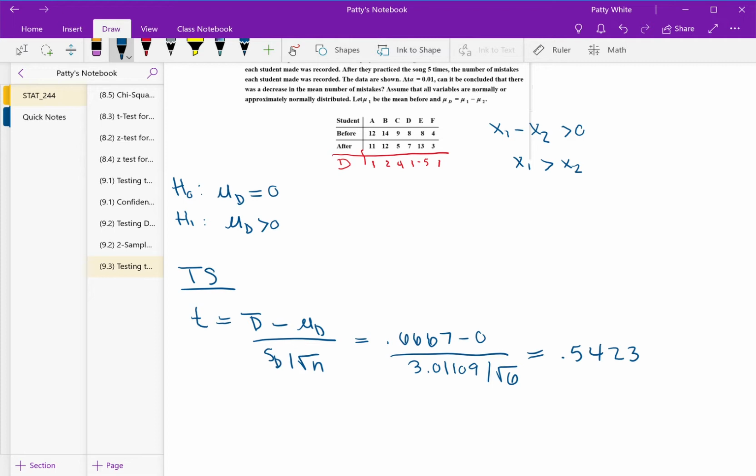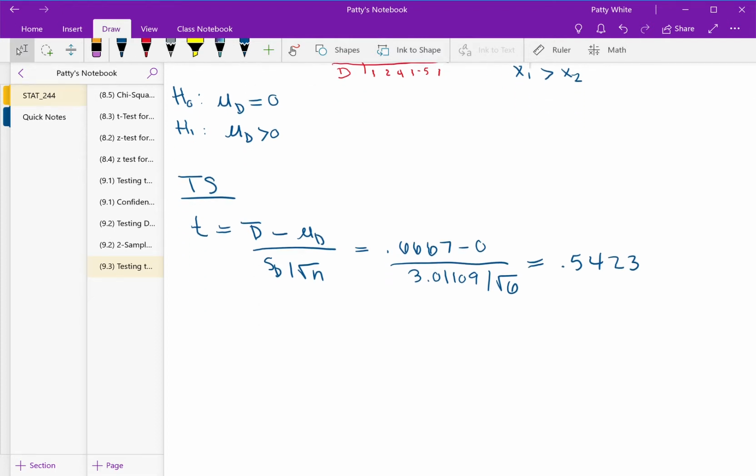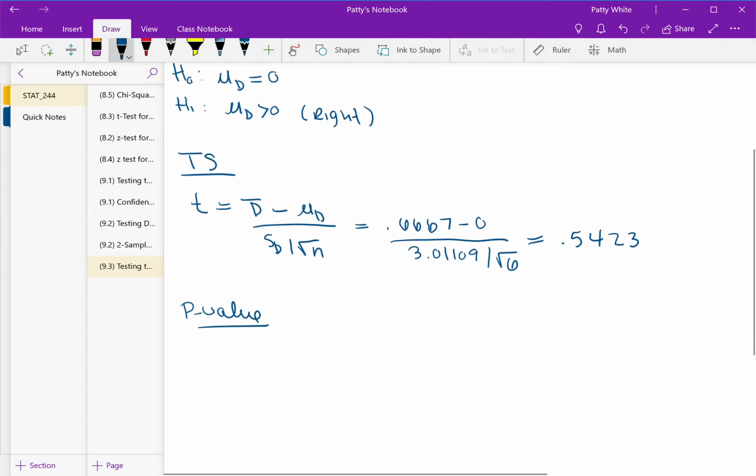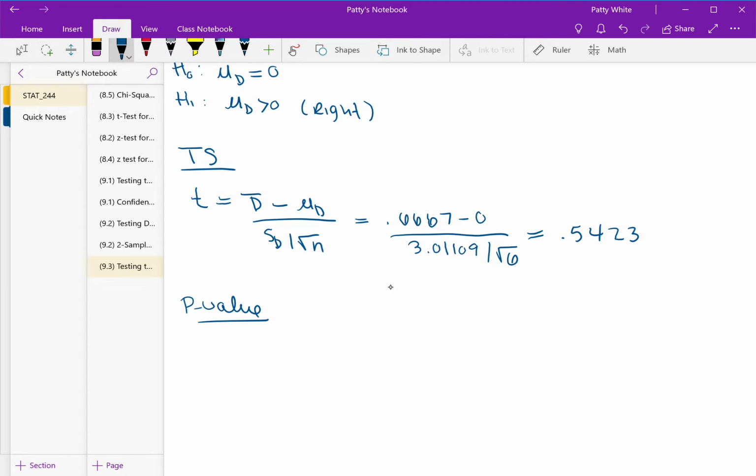Okay. Now we're going to go ahead and use our p-value method. So p-value. And just to recall right here, we have a right-tailed test. It's going to be important because we're only going to shade the area to the right of our test statistic. And so since we're using the t-distribution, we should be able to go tcdf.